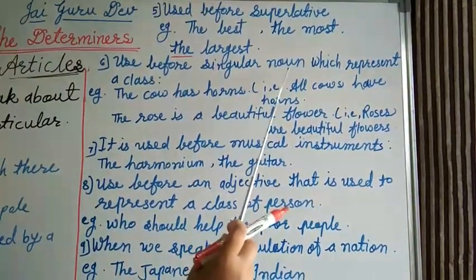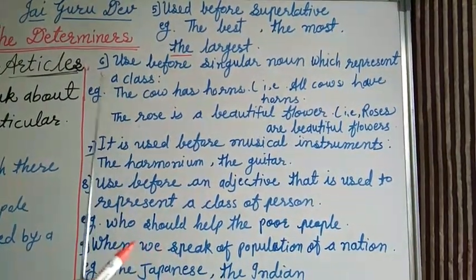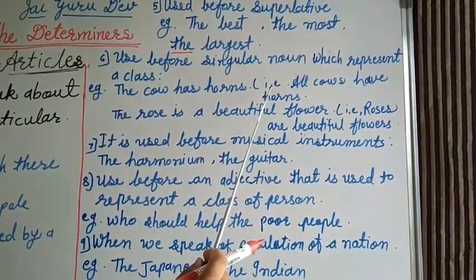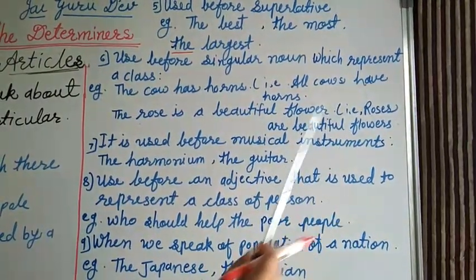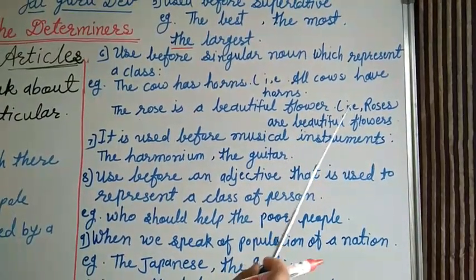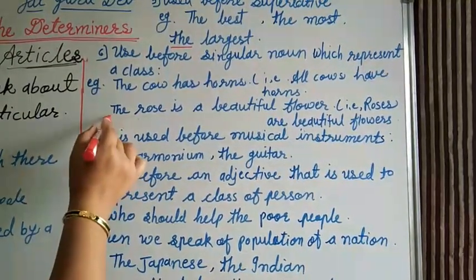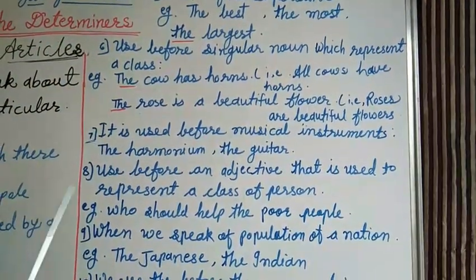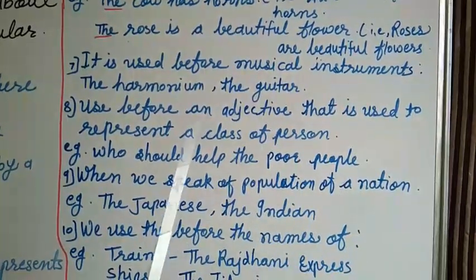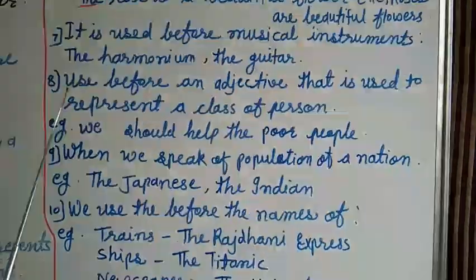Use before a singular noun which represents a class. Class means a group. The cow has horns, that is, all cows have horns. The rose is a beautiful flower, that is, roses are beautiful flowers. And for that "the" is used. Next, it is used before musical instruments: the harmonium, the guitar.